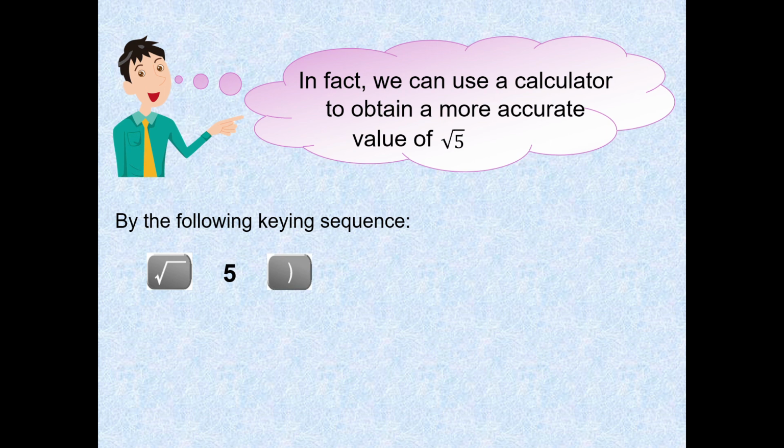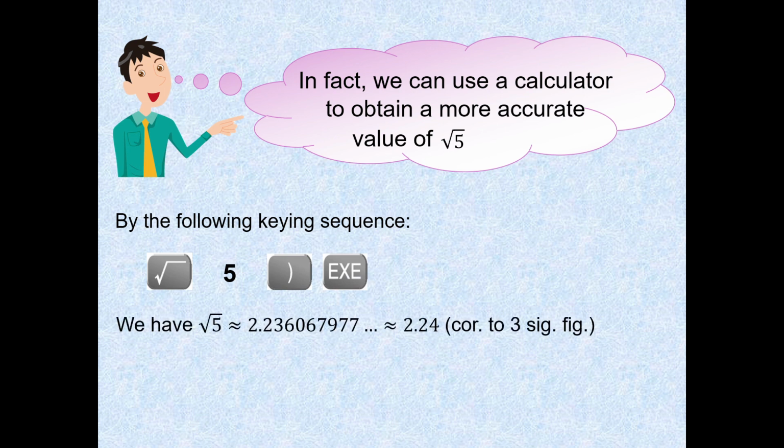The close bracket indicates the end of the square root, and then press execute. So we get the answer. The answer will be 2.24 corrected to 3 significant figures.